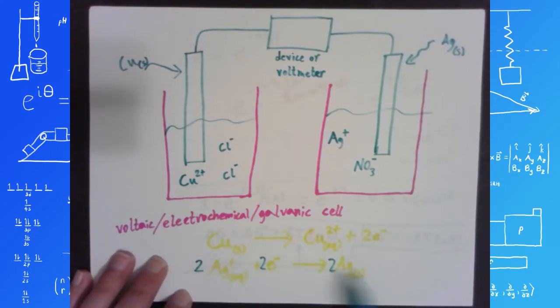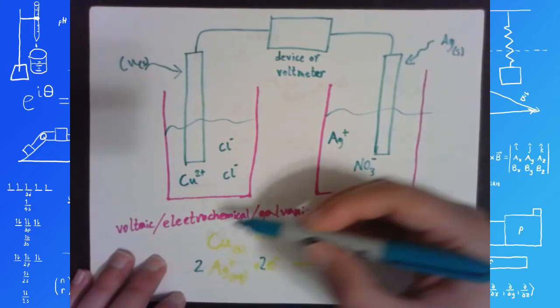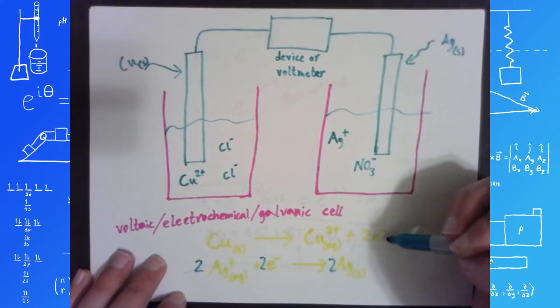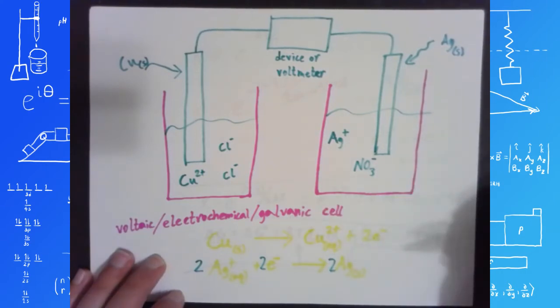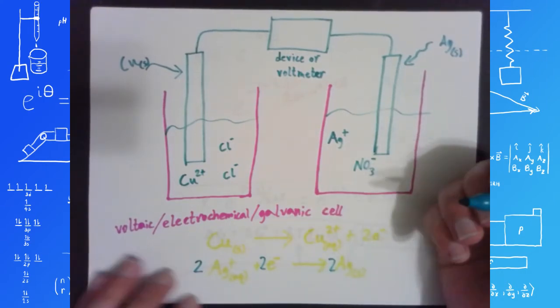I'd multiply this whole thing by 2, and I'd multiply the top half reaction by 3 in order to get 6 electrons each, so they cancel out. Anyway, once you've got the moles of electrons matching, you can combine the two half reactions into an overall reaction.